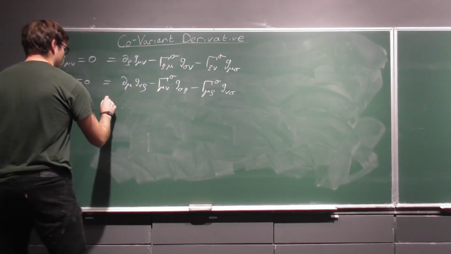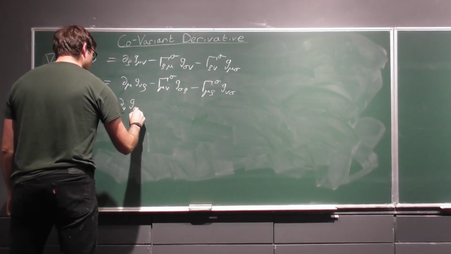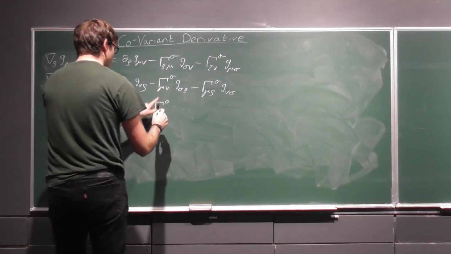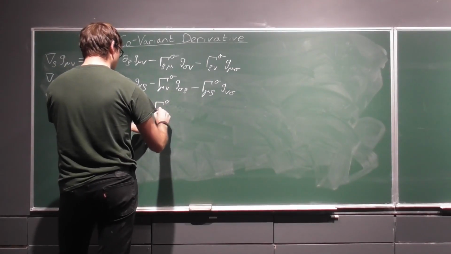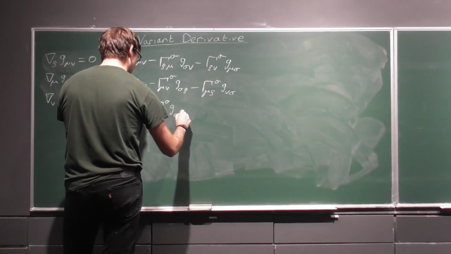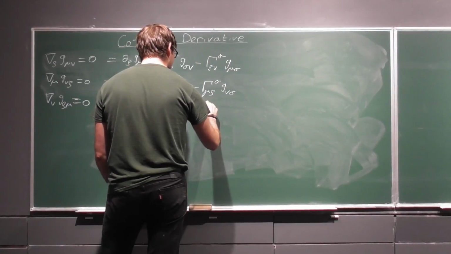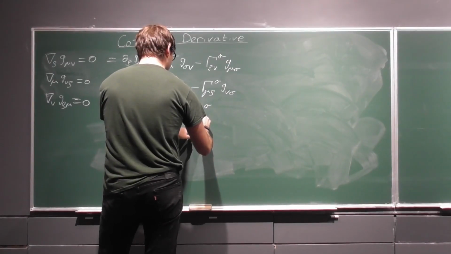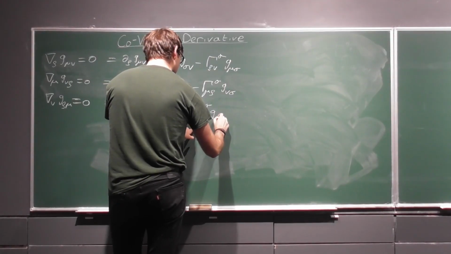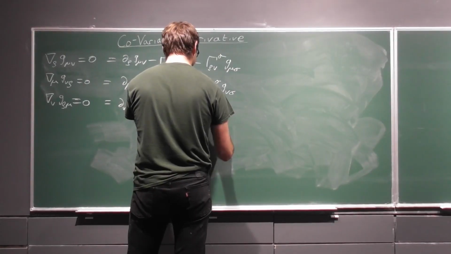Then the last one, where the derivative is with respect to nu: that's rho mu minus gamma sigma at the top, and this is our nu. The first component is rho, gets taken out for the sigma, and we're left with a mu. And lastly, gamma sigma nu mu, g rho sigma.